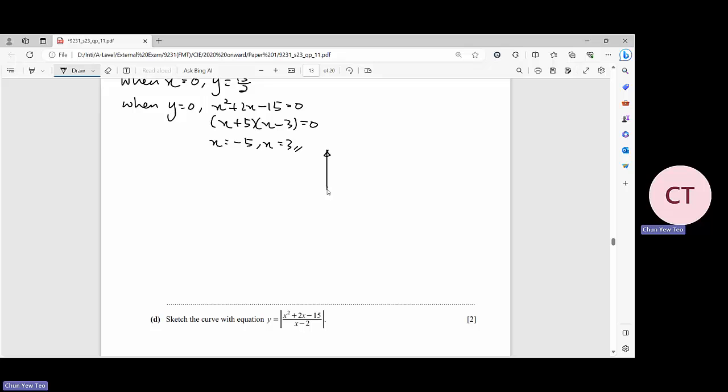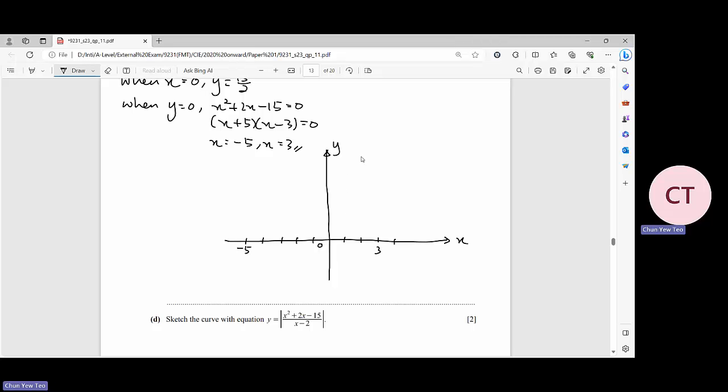To sketch a graph, we use a proper scale, but because I am drawing it freehand, it's a bit difficult for me to draw with a proper scale. Okay, so you are having 1, 2, 3, 4, and -1, -2, -3, -4, -5.